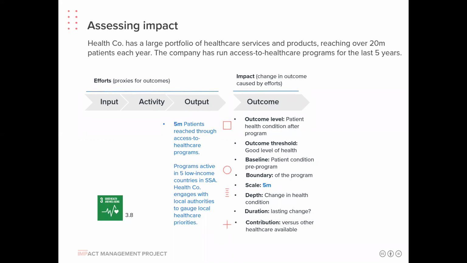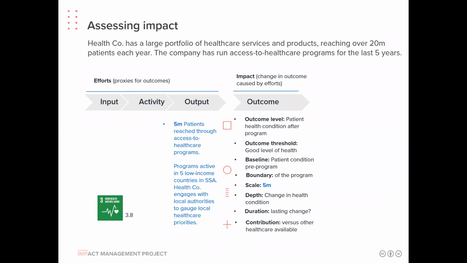We'd want the patient's level of health before they received treatment, the baseline. And probably we'd also want to know additional characteristics, like exactly where these different initiatives are taking place, so the boundary. And we want to know how many people are experiencing this change and whether the effect is long lasting. And then finally, we would want to understand what other healthcare was available to these recipients and to gauge the company's contribution.